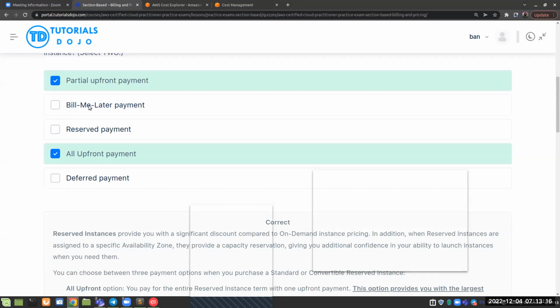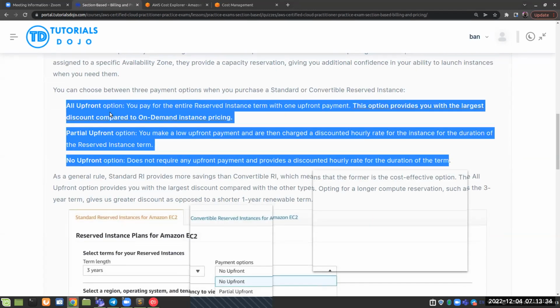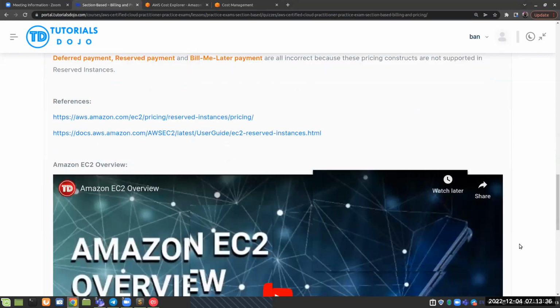So we don't have anything like bill me later. We don't have reserve payment. We don't have deferred payment. We only have all upfront, which gives you the highest discount. Partial upfront gives a discount, but not as much as all upfront. And then we have the no upfront at all. I copied that and shared it on chat already.